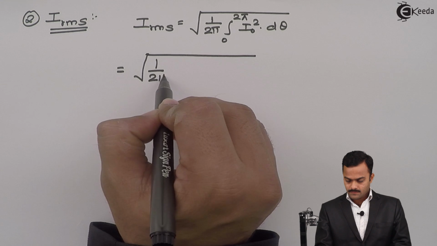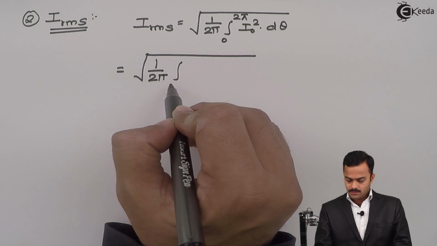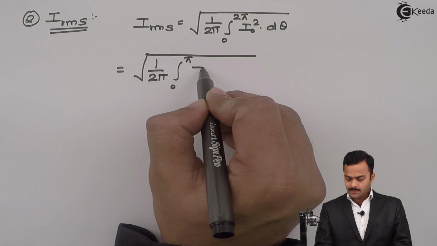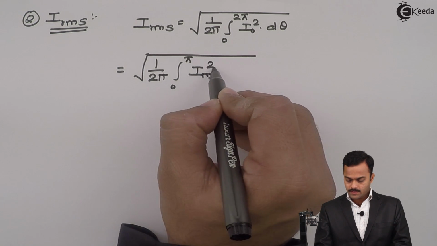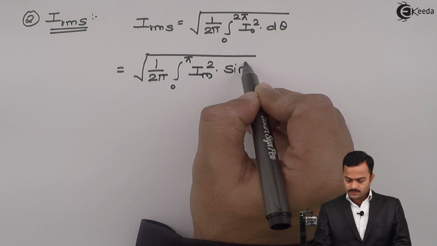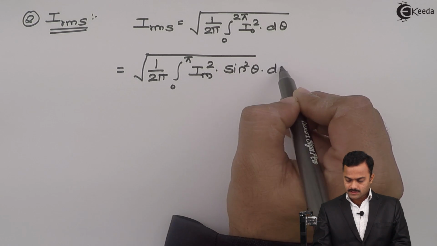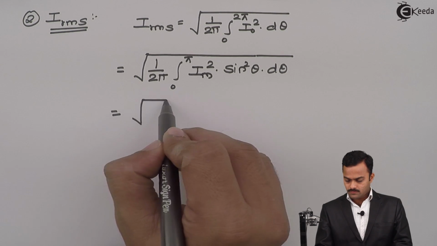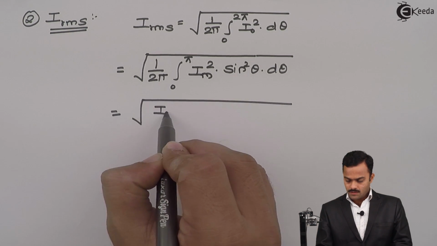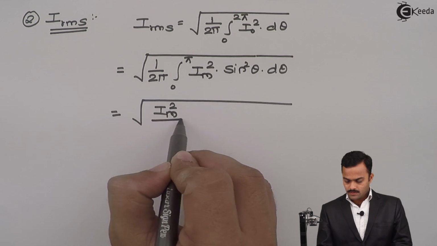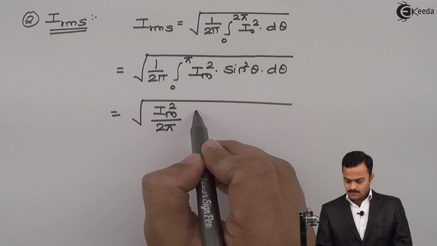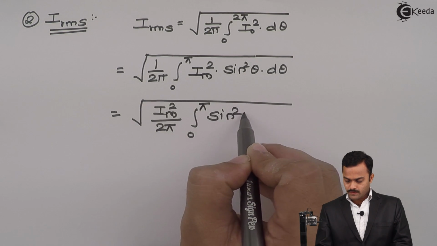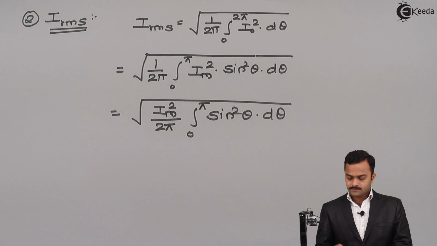So it is root of 1 upon 2 pi integral 0 to pi. Current will be same as the supply current. So it's Im square sin square theta d theta, equal to root of Im square upon 2 pi integral 0 to pi sin square theta d theta.